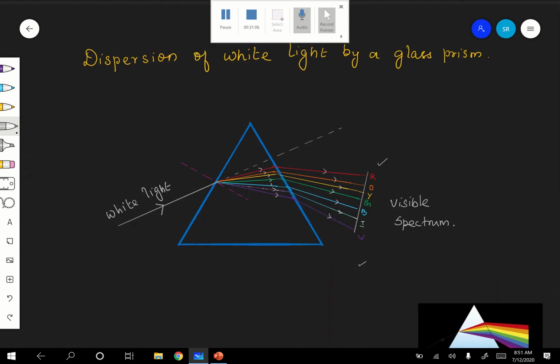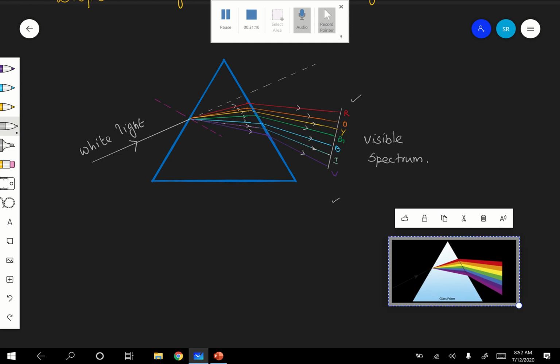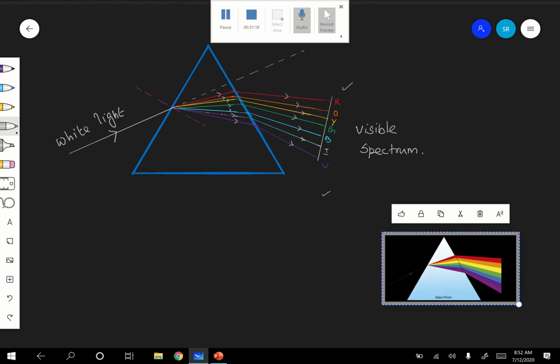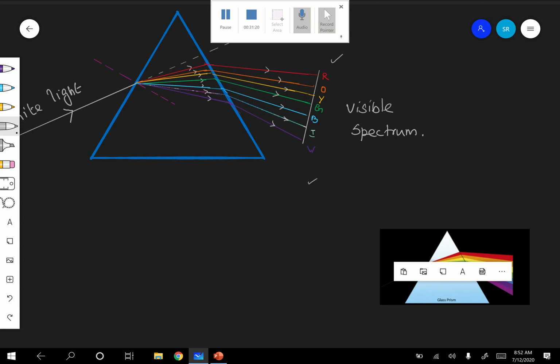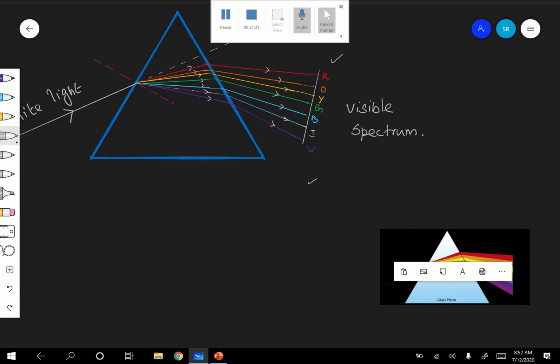See, this is the prism. I will show you here. This is a band of colors. You won't see just a ray like that, but you cannot show it here.